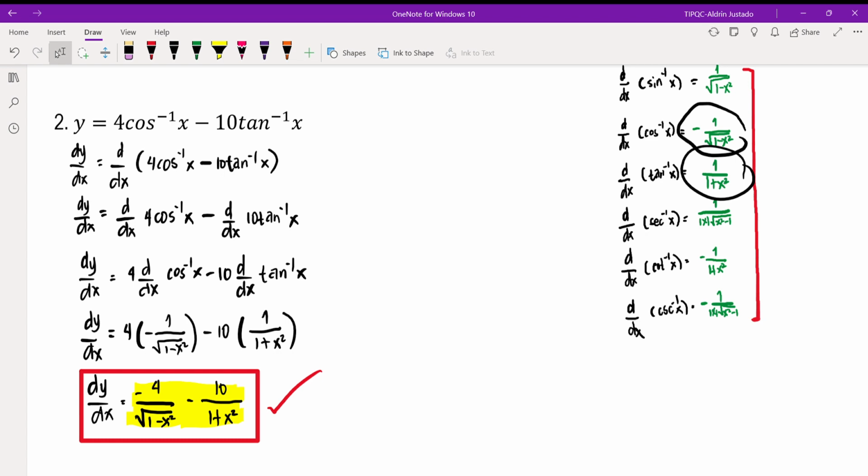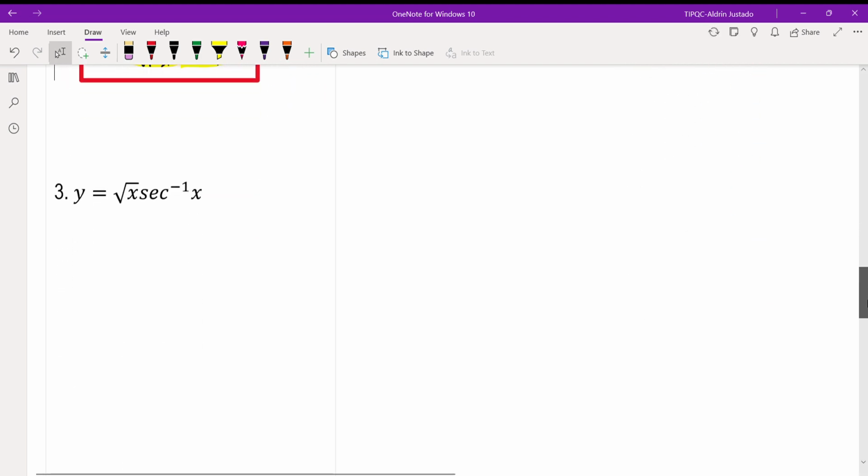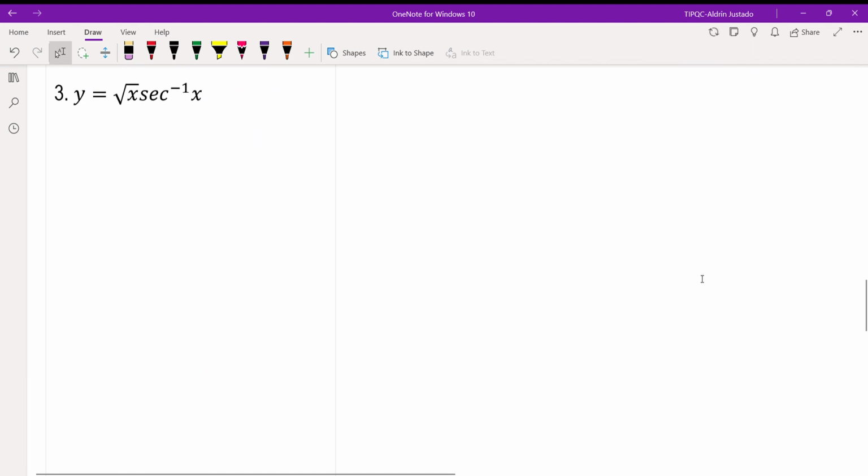So next is example 3. Since we have here y is equal to square root of x times arc secant of x. So ang gagawin natin dito kapag ganyan, that is under a product rule of differentiation.